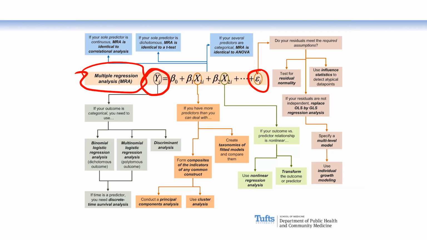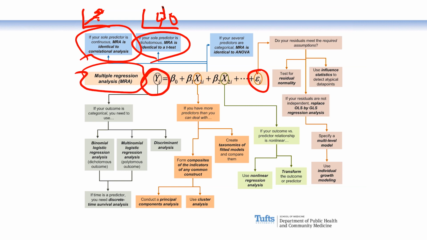But if you look at this slide, let's say I have one predictor variable and it's continuous. Well, basically what we're doing there is a correlation. If I have one predictor variable and it's binary, I say basically too much. It's a t-test.